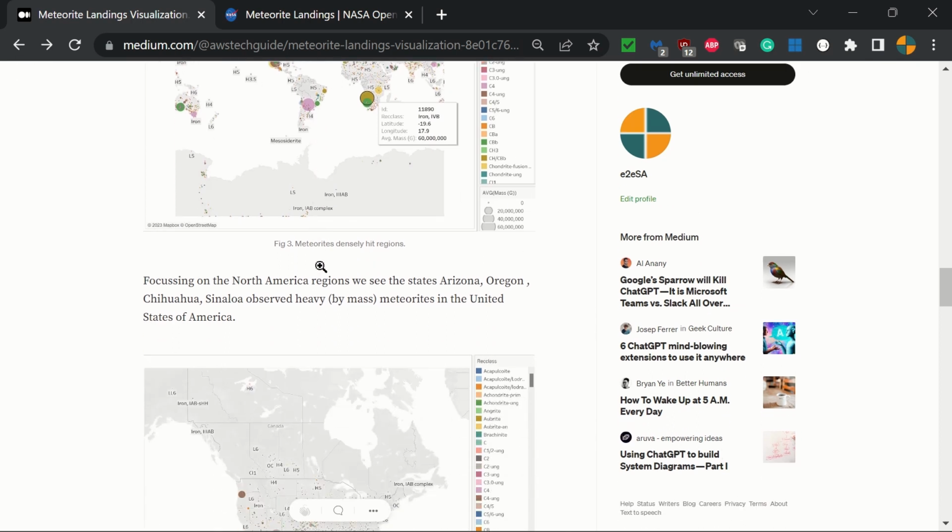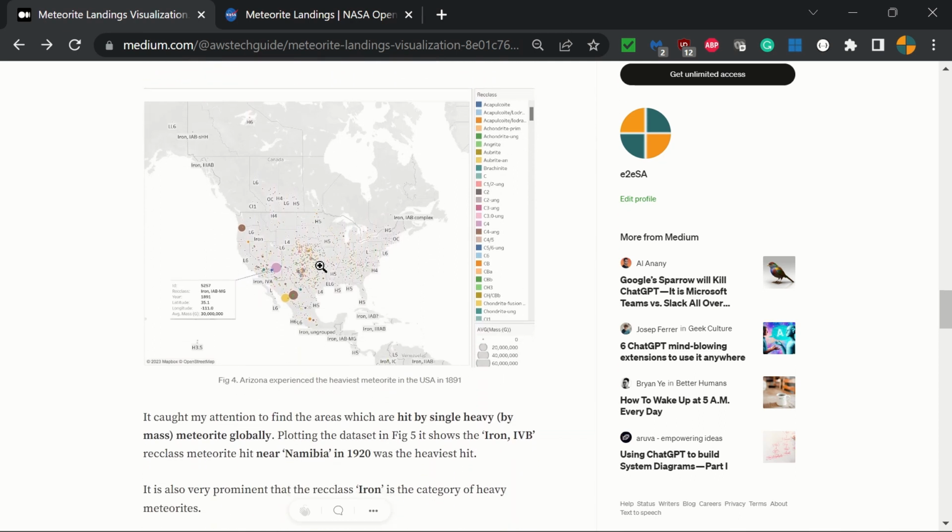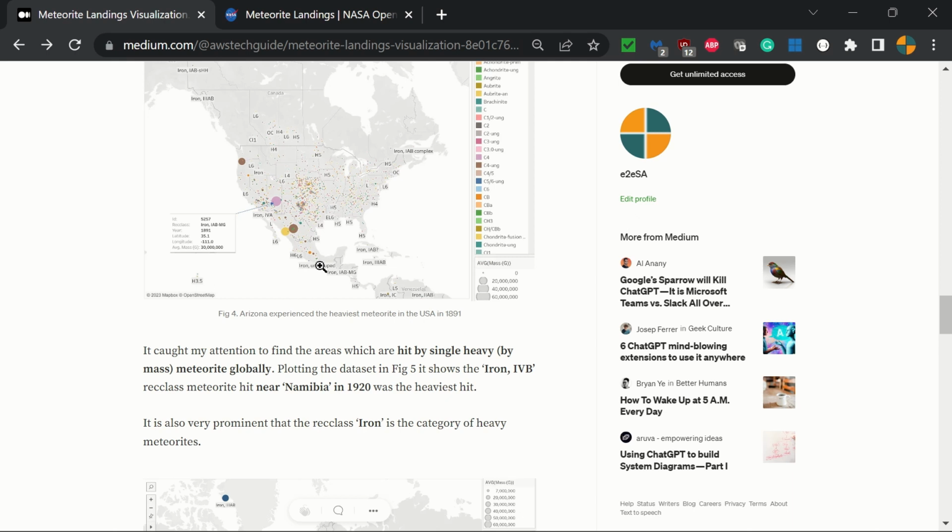I was curious to check what was on the North America side. When I zoomed in on the US, I found Arizona got the heaviest hit in 1891 by an iron class meteorite, and globally Namibia got the heaviest hit in 1920.